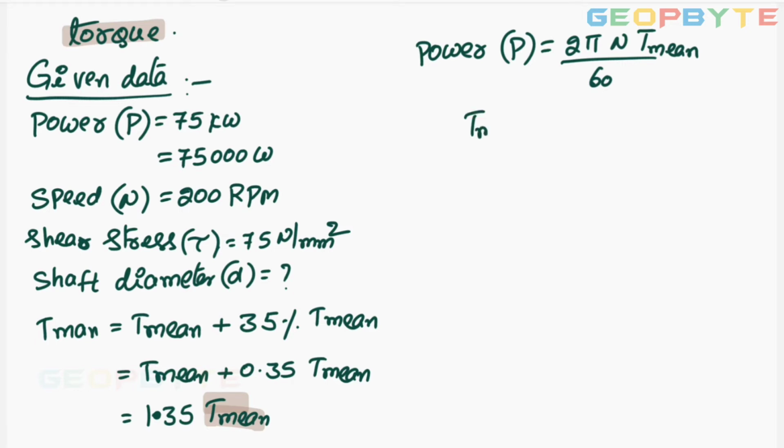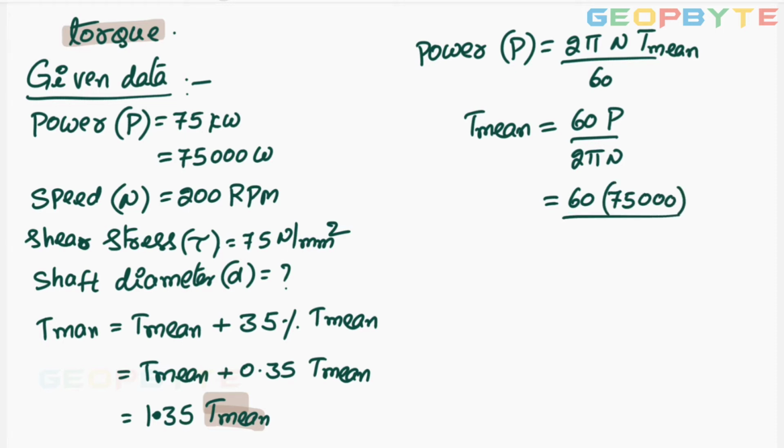From this, the mean torque equals 60 P by 2 pi n. It is equal to 60 into power, 75,000, divided by 2 into pi into n, where n given is 200.